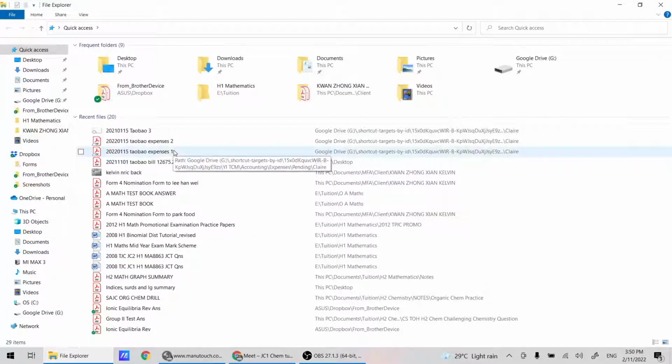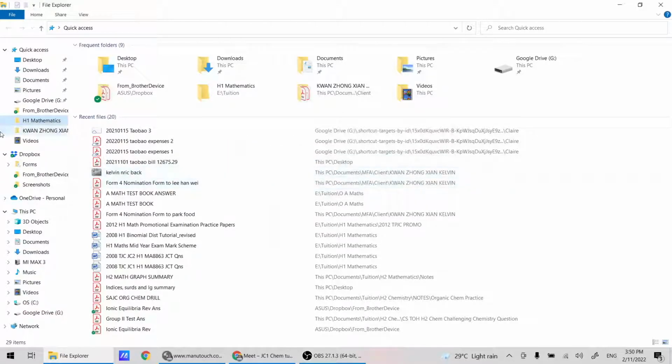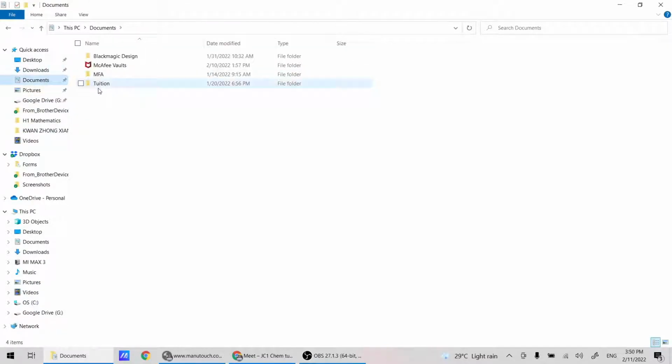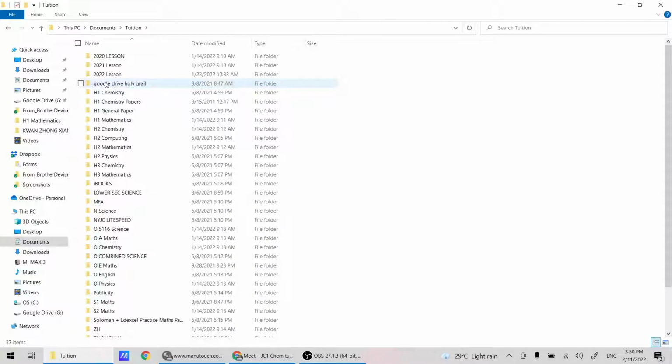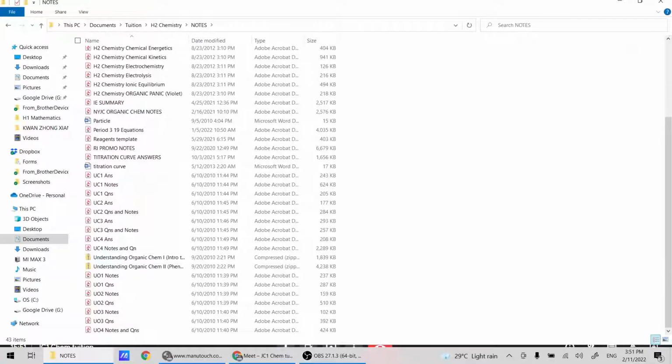Okay, so just searching for the file where these answers are kept. Obviously, I'm not looking at the right places, so just wait for a while. Okay, it's in my tuition folder, my H2 chemistry, under notes, organic chem. Yes, please inspect my crazy folder of files.